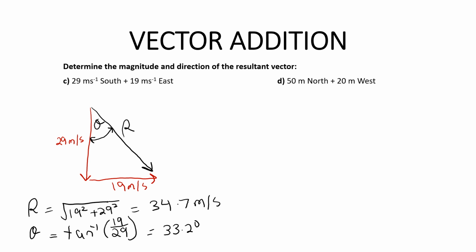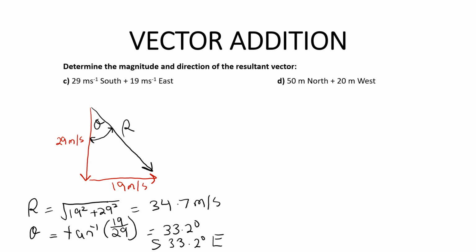So if we look at our vector diagram, this angle is between south and east. So we say south because the angle is starting from south, and then 33.2 degrees, and then east. So the magnitude of the resultant is 34.7 meters per second, and the theta, the direction, is south 33.2 degrees east.